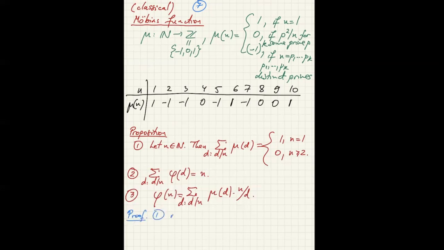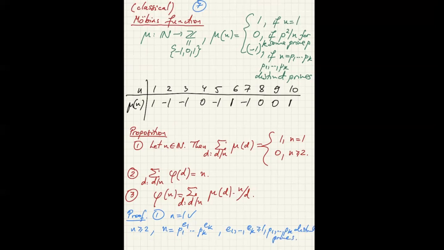Well, when n equals 1, that's clear by the definition of mu of 1. So let's assume n is greater or equal to 2, and let's say n is p1^e1 ... pk^ek, where e1, ..., ek are greater or equal to 1, and p1, ..., pk are distinct primes.